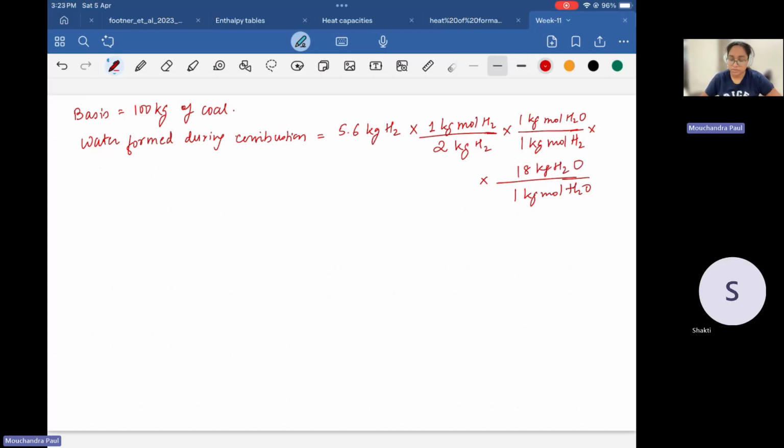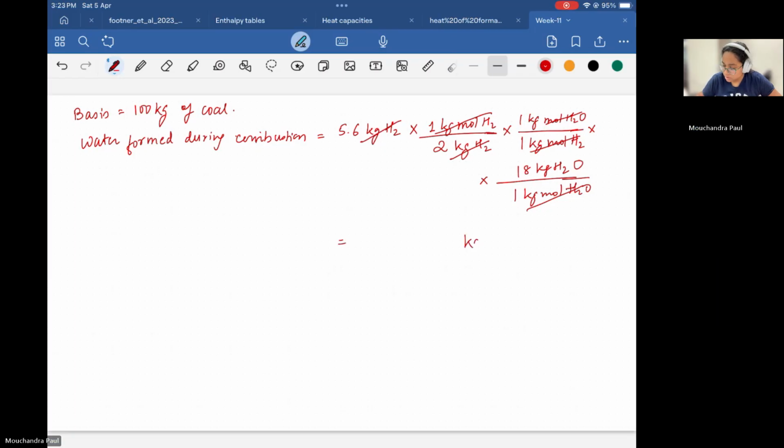This is the expression that we have to solve. If I cancel out the common terms, then we would get how many kg of water there will be.